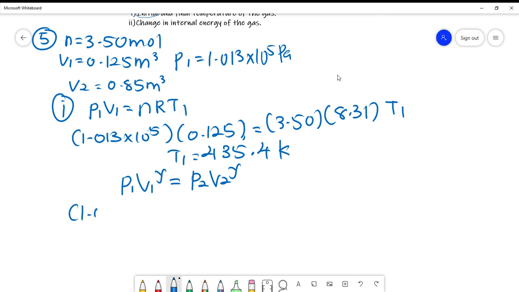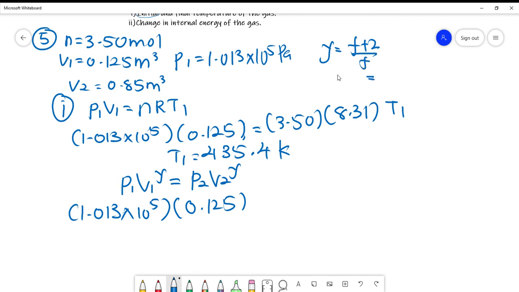So this is 1.013 times 10 to the power of 5, and V1 is 0.125. The gamma basically is (F plus 2) over F. Since the gas is diatomic, the degree of freedom is 5, and this is 1.40.